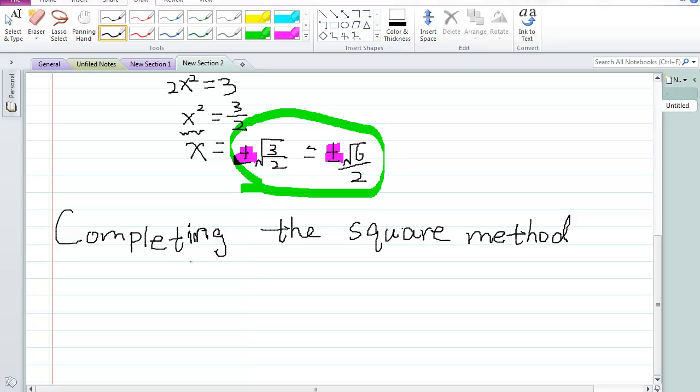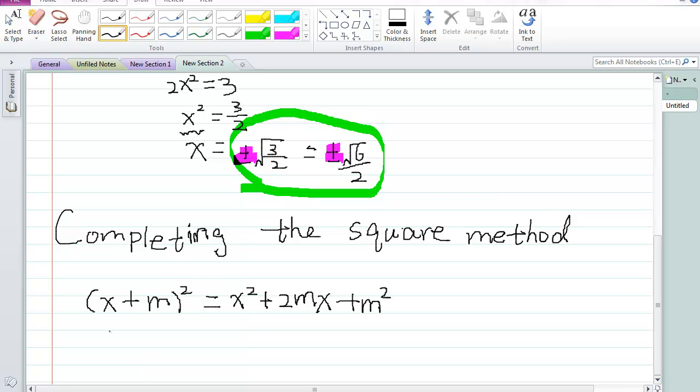Alright, so now, before that, let's see how the mechanism works. For example, I have x plus m squared, and when we expand it out, we know it's x squared plus 2mx plus m squared.